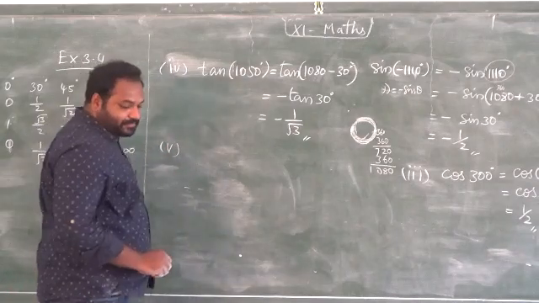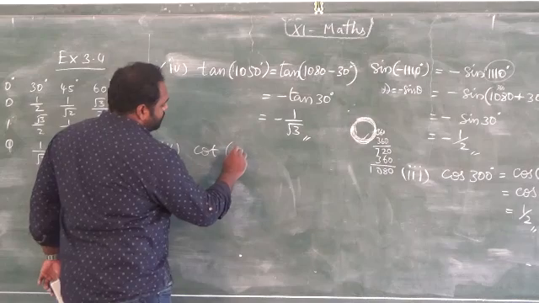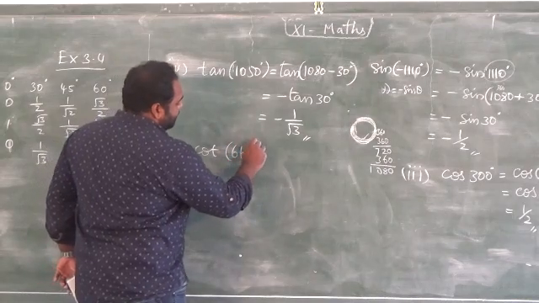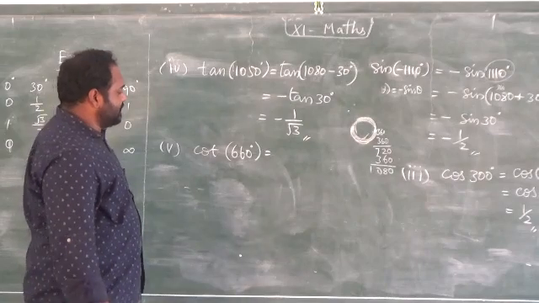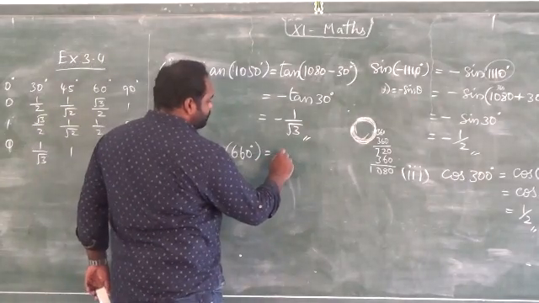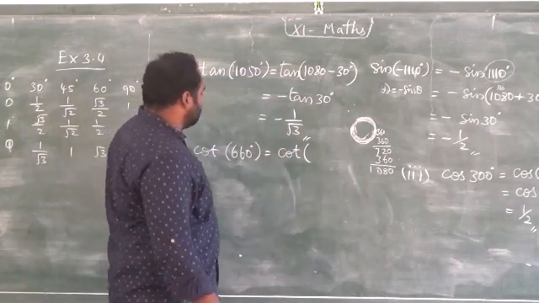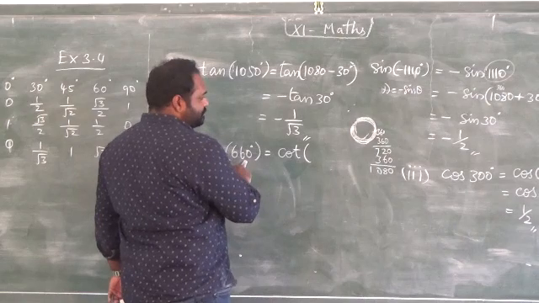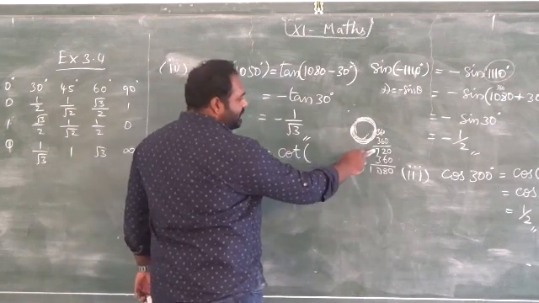Fifth one, cot 660 degree. How can this be written? 2 times complete rotation is 720.